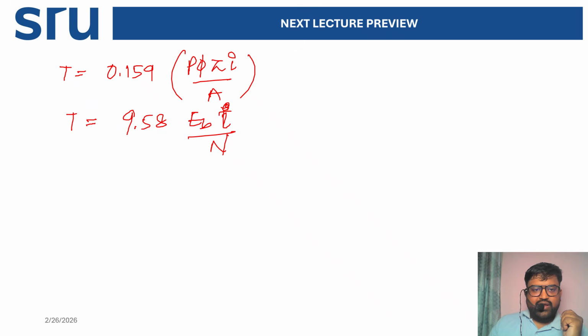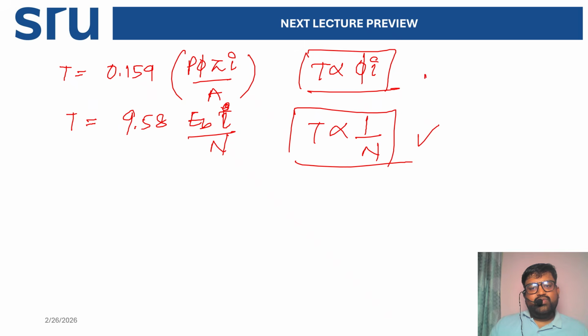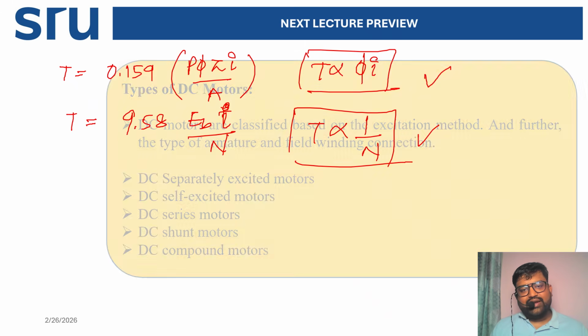If I look at these equations, torque is directly proportional to flux into current, and if you keep EB and I constant, then torque is inversely proportional to speed. These two equations are very important, and after this, in this lecture you will understand the types of motor, then we will go to the characteristics.